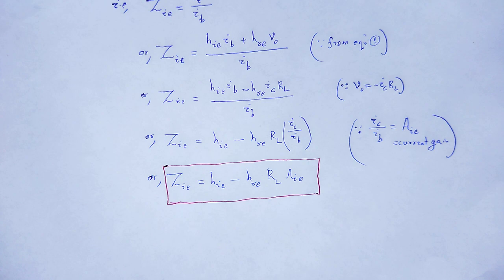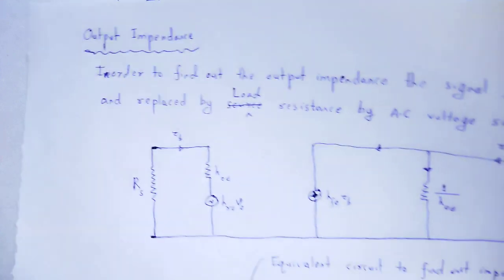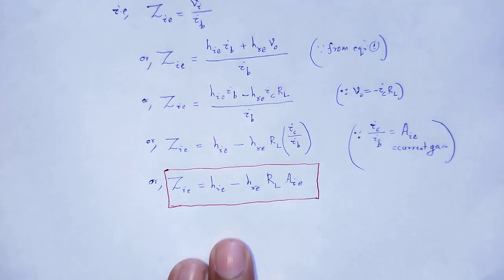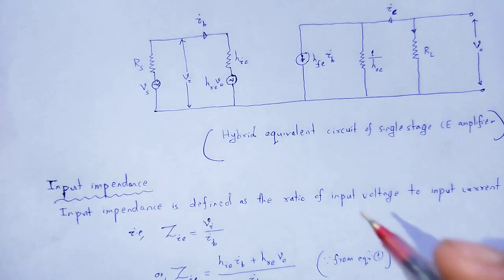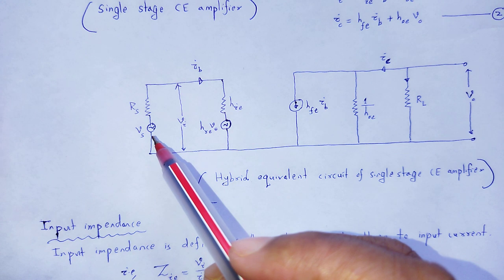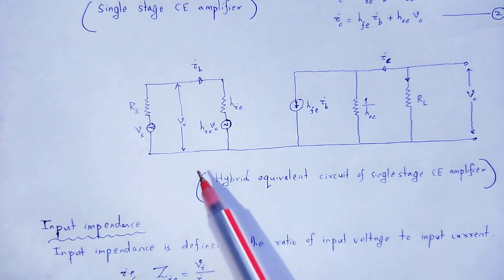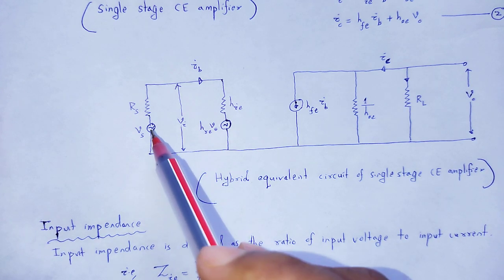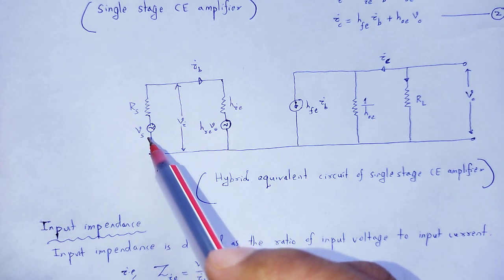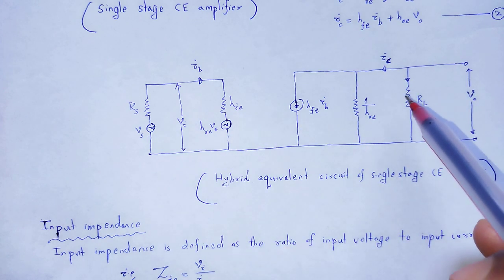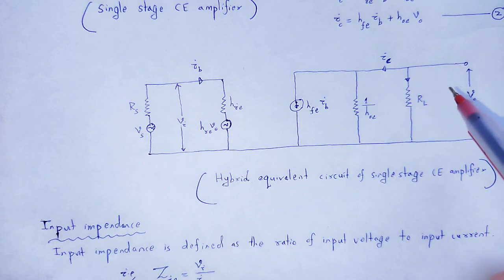Next, output impedance. To calculate output impedance, we have to modify the circuit, as the source signal Vs is to be removed and the load resistance is replaced by an AC voltage source.